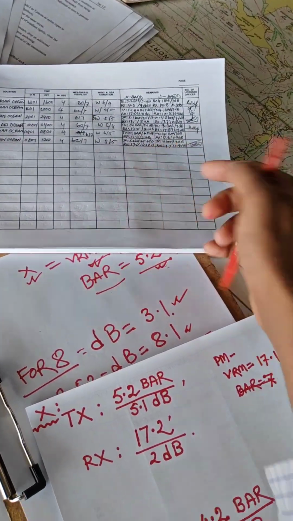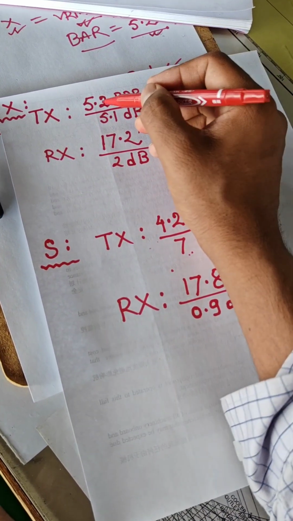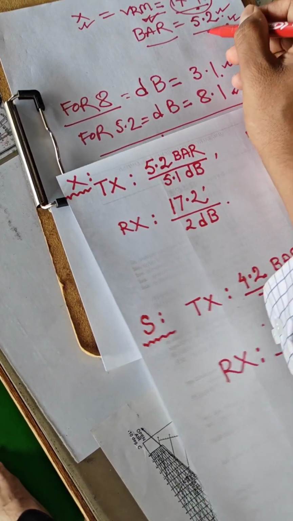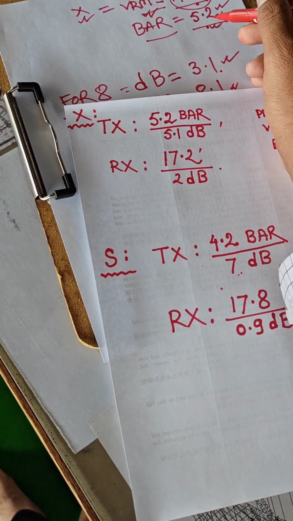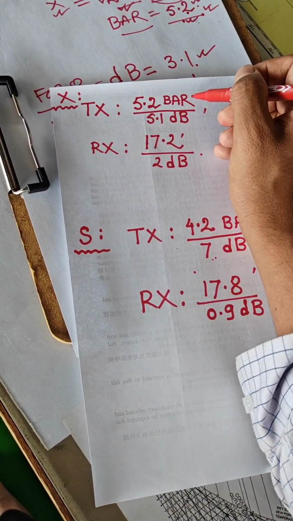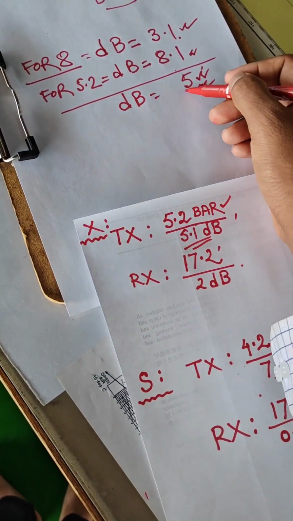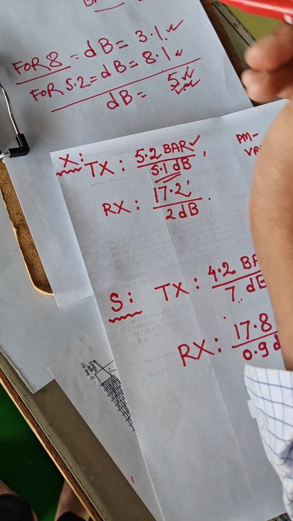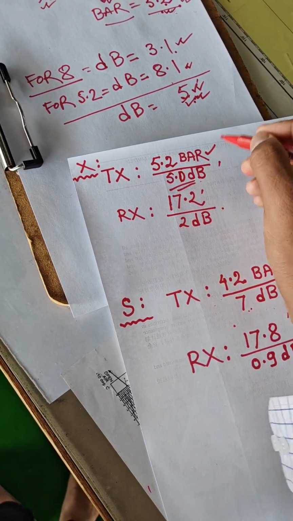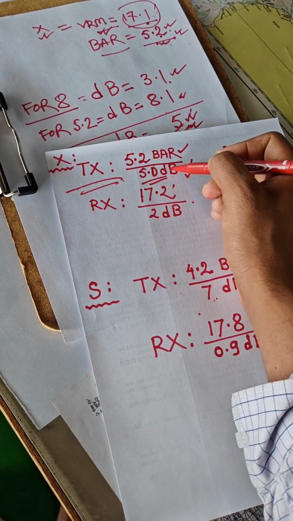Here, 5.2 bar means when you check your radar for the PM test, you find this bar. So this is the 5.2 bar. And this 5.1 dB is the difference value. Here we found 5.0, which means 5 dB. Okay guys, you understand how this is coming? I think the first one is clear.